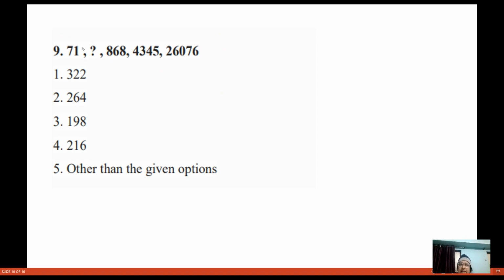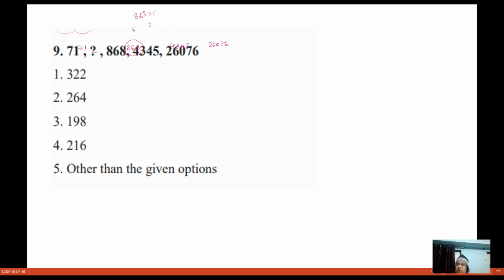So what basically I get here, because this was very much increasing, I definitely get that this is getting multiplied. So I get this as 868, 4345, 26076. Okay, but then I see that this is an even number, this is an odd number, so 5 is definitely getting added. So that's why I checked this by 5, because then it is 40 and 40 plus 5.